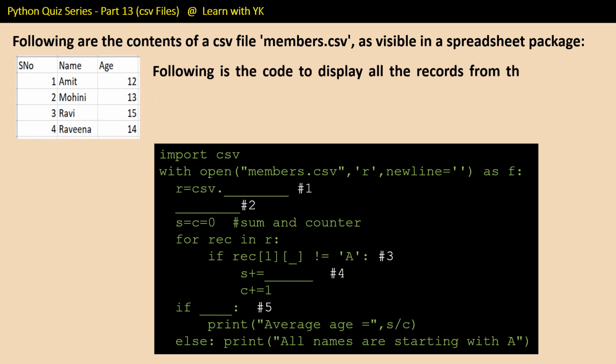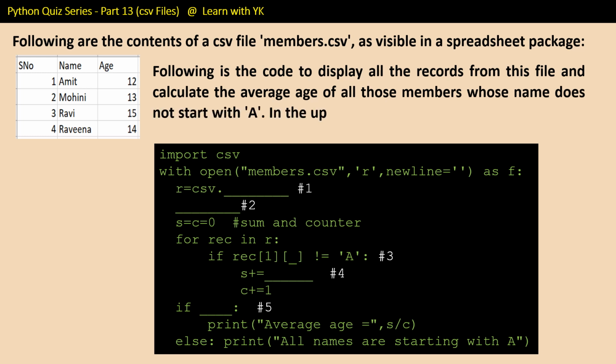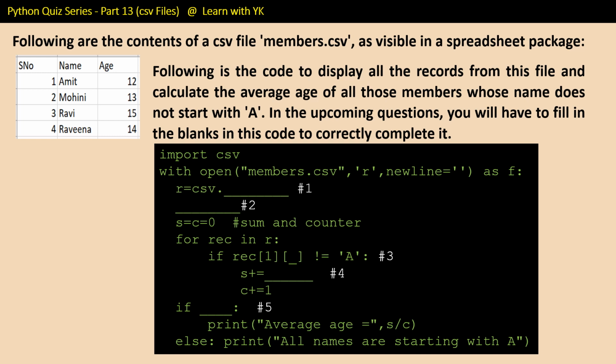Following is the code to display all the records from this file and calculate the average age of all those members whose name does not start with A. In the upcoming questions, you will have to fill in the blanks in this code to correctly complete it. See the code carefully. At some places you will find blanks. Now in the upcoming questions, you will have to fill in these blanks.